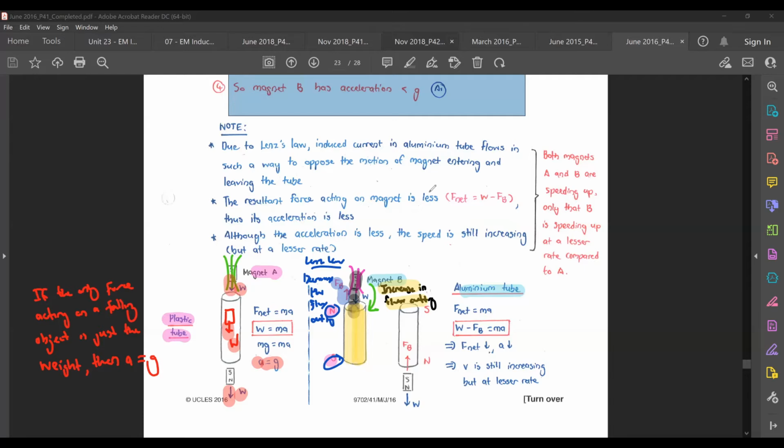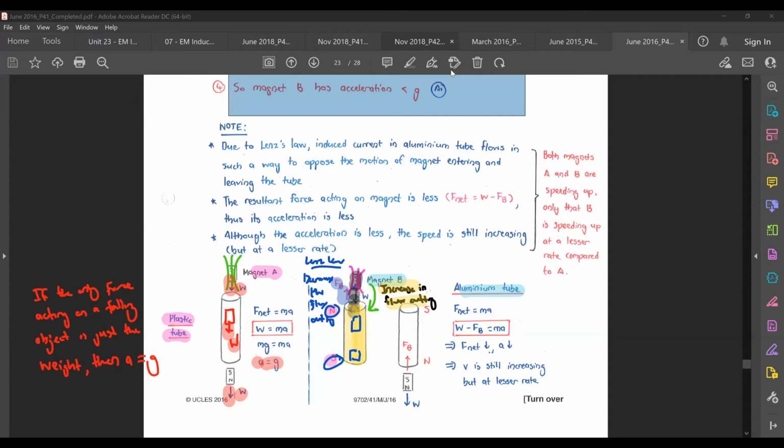Yep. Okay, now after that, another thing here would be this one. As my magnet has already gone into the tube and is about to fall out, look at the scenario on the right here. My magnet now tries to move out, okay?